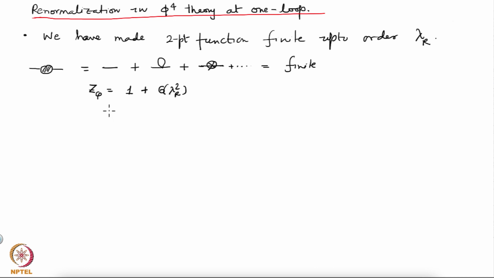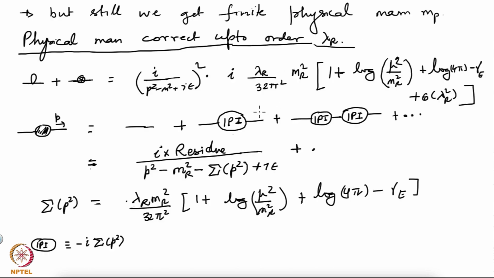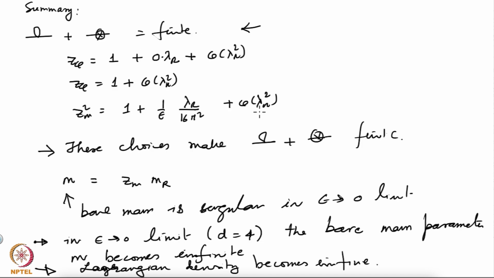And then z m squared we found to be 1 plus 1 over 16 pi squared. Let's check. Let me go back and see. This is correct.